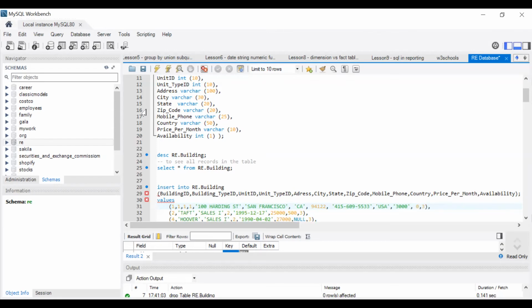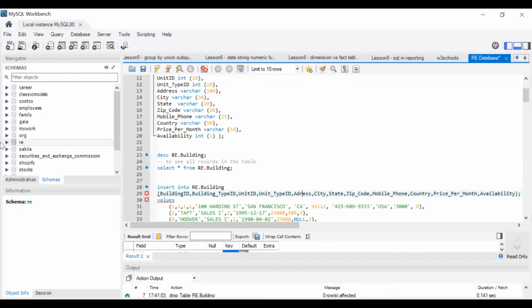Okay, did I do it correctly? Does anybody know? Let's see. Maybe I skipped something. So building ID is 1. Building type ID is 1. Unit ID is 1. Unit type ID is 1. Address 100 Harding. City San Francisco. State, zip, phone number, country. Price per month, availability.